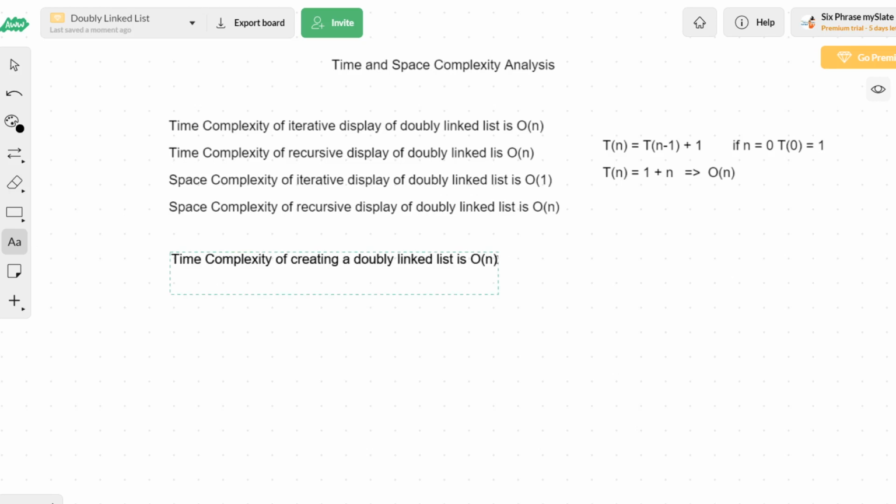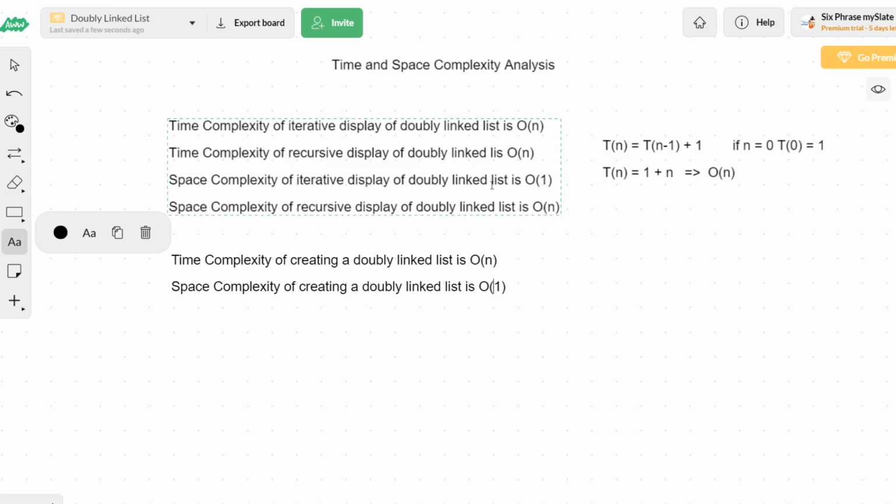So the space complexity of creating a doubly linked list is order of 1. It is constant.